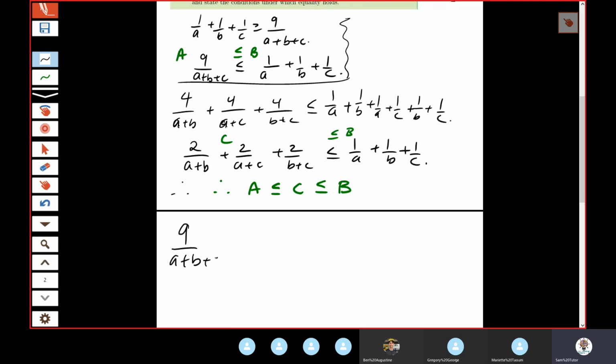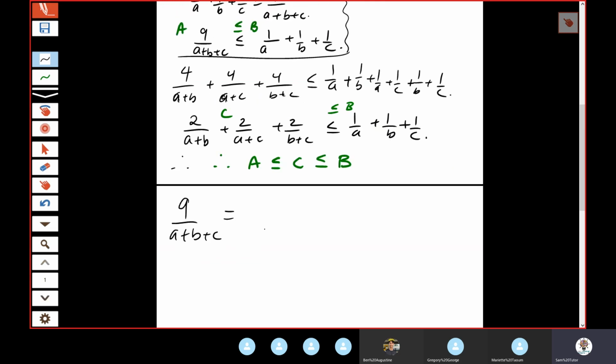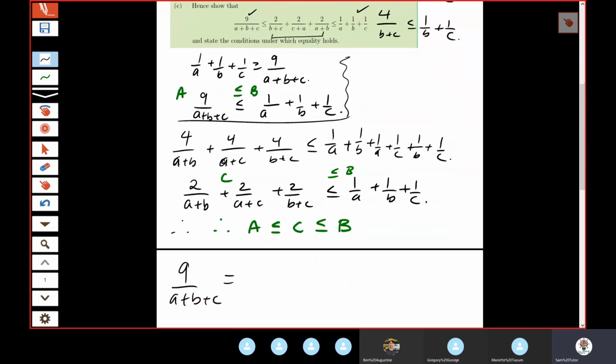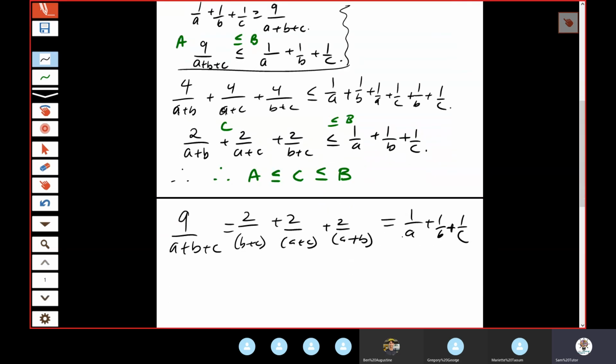Oh, that's annoying. 9 on A plus B plus C. 2 on B plus C plus 2 on A plus C plus 2 on A plus B. That must equal the same as 1 on A plus 1 on B plus 1 on C. Now let me see. Isn't it easier for me to make these two equal to each other?